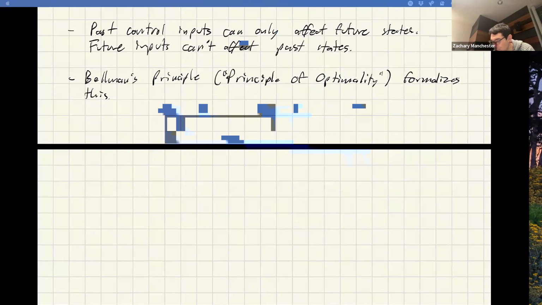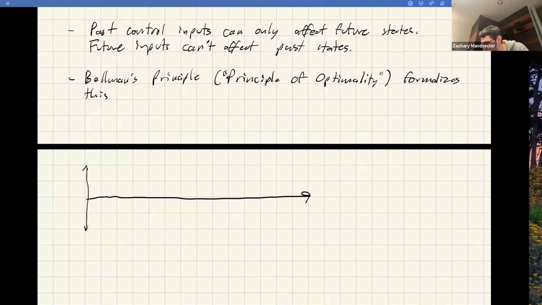So if I imagine I have some trajectory, and I'm going to draw a very bad cartoon trajectory here. This is time, and this is the state for something really dumb. Let's say we start out over here at x naught, and we wiggle around a bunch, and then we get to some goal over here, xn. Let's say that trajectory is optimal for whatever problem I had.